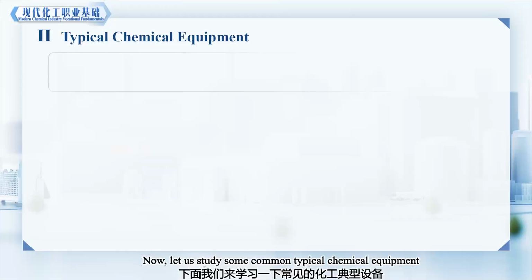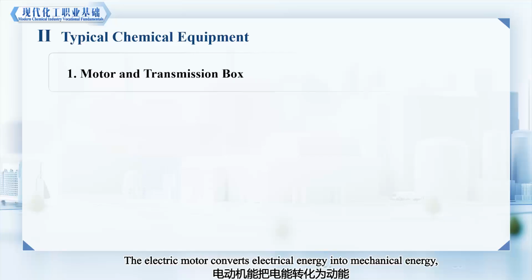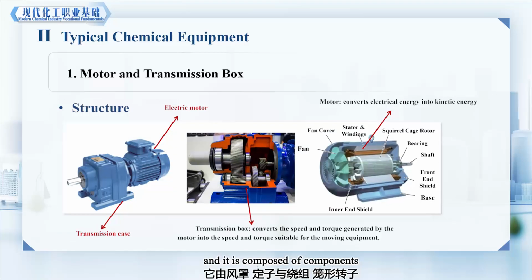Now, let us study some common typical chemical equipment. 1. Electric motor and transmission box. The electric motor converts electrical energy into mechanical energy, and it is composed of components such as a fan cover, stator with windings, squirrel cage rotor, and bearings.